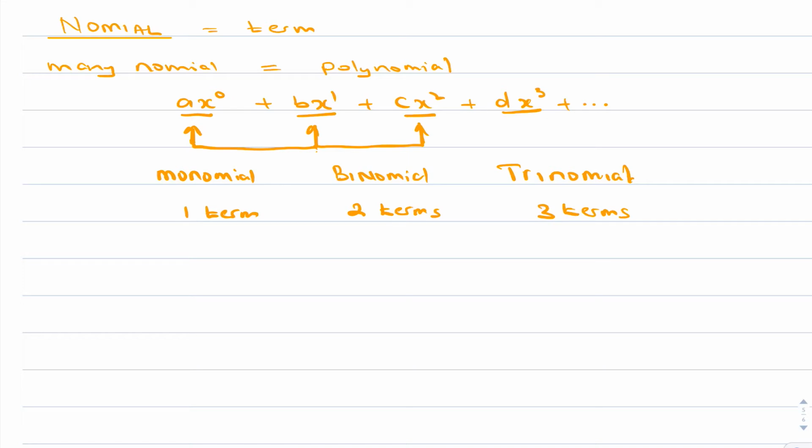So a general quadratic equation, which is ax squared plus bx plus c, has 3 terms. So it is a trinomial.